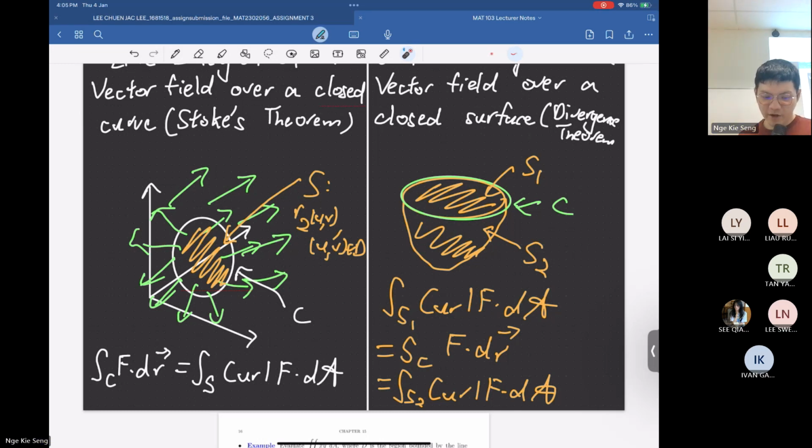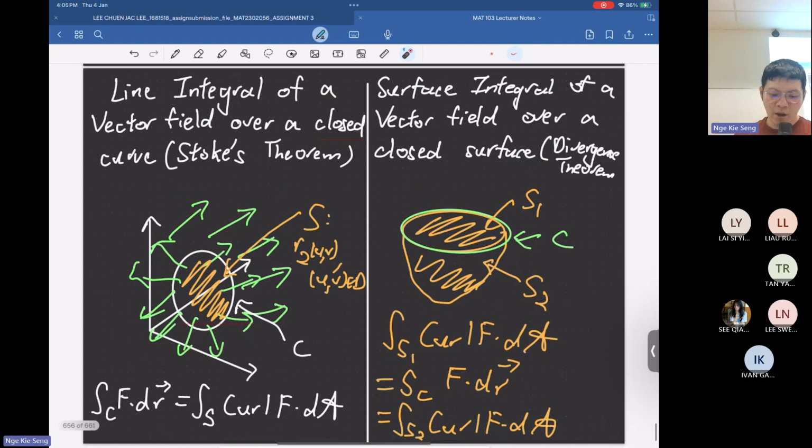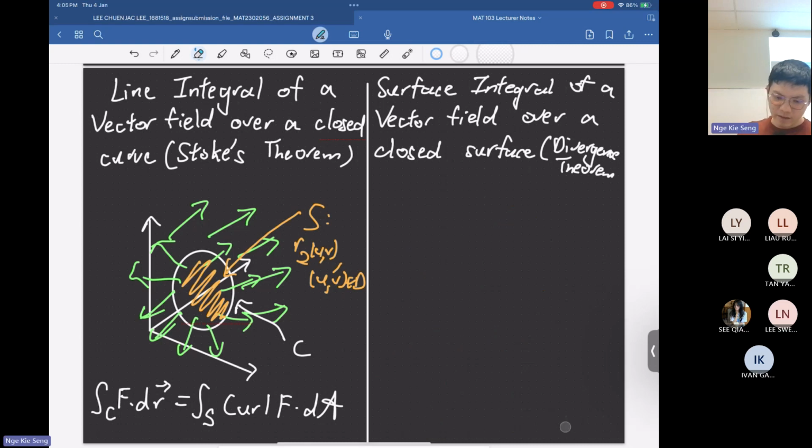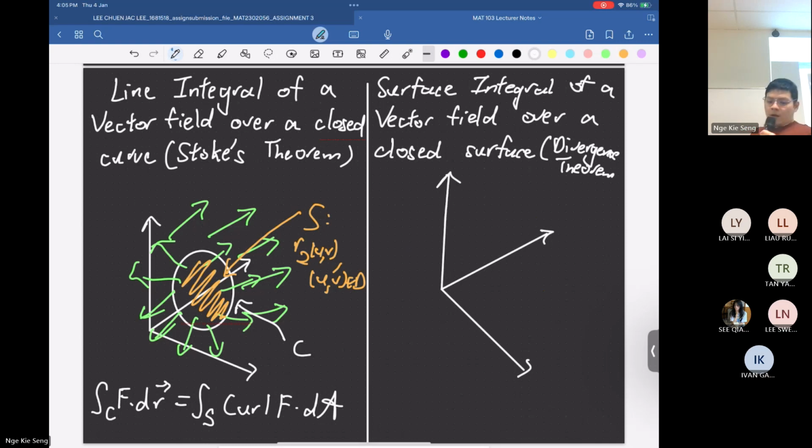Okay, so this is a vector field over a closed curve. How about a vector field over a closed surface? So let's finish up this example. One of the easiest closed surfaces to draw is a sphere.